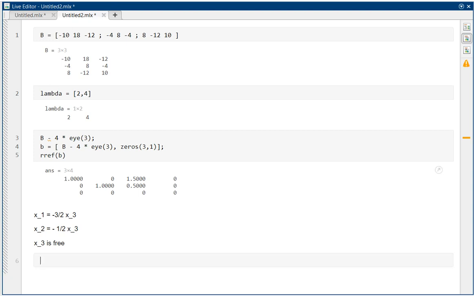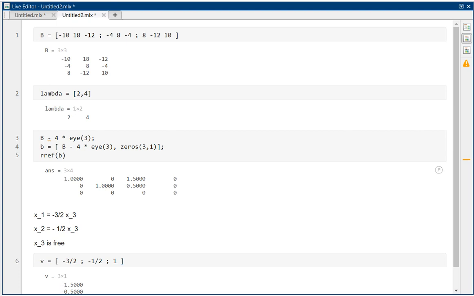We've practiced this vector form of our solutions. So I should end up with a vector that looks like: I'm going to have a 1, this is going to be a negative 3 halves, and this is going to be a negative 1 half. And that should be an eigenvector.